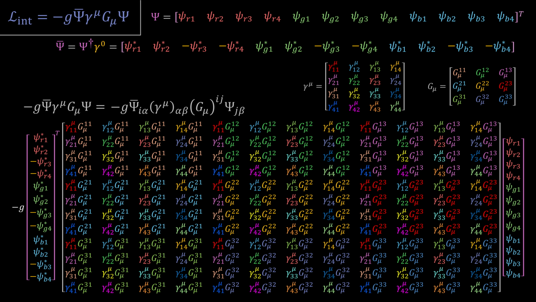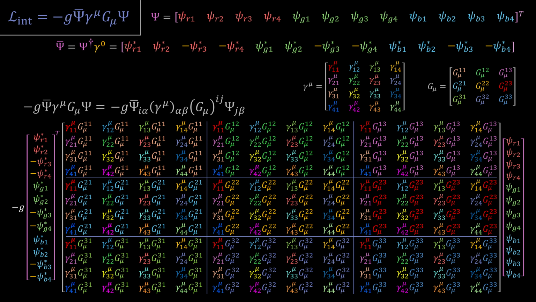Alright, well, something that makes it a little easier to look at is if I put these lines here, you can see that we can break this matrix up into 9 different blocks. Now, the first lesson that we can learn by looking at this matrix is that the gamma matrices act on a different set of indices than our gauge field.